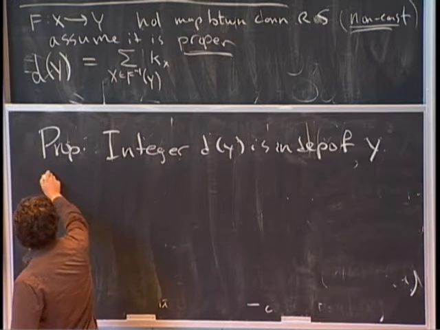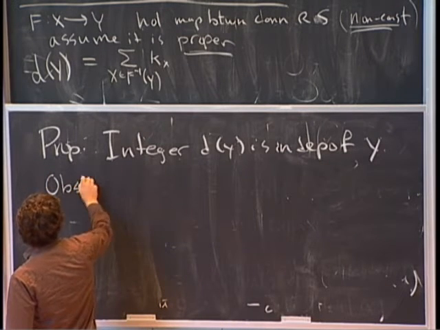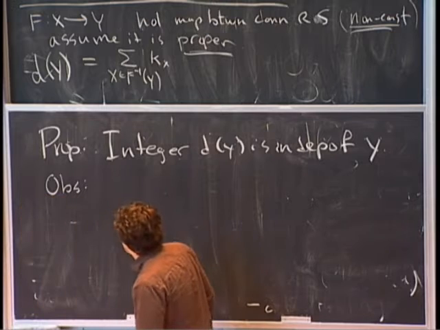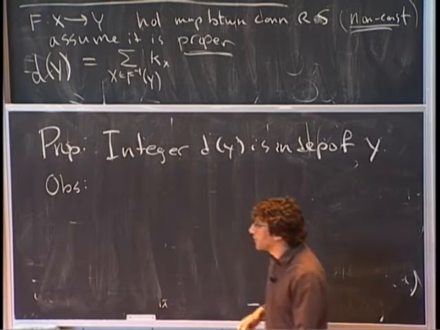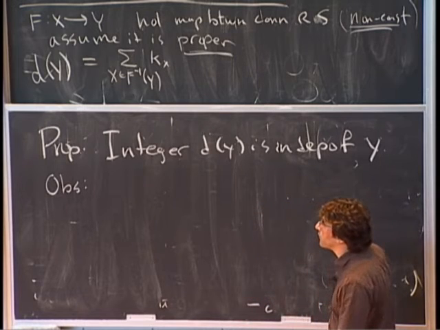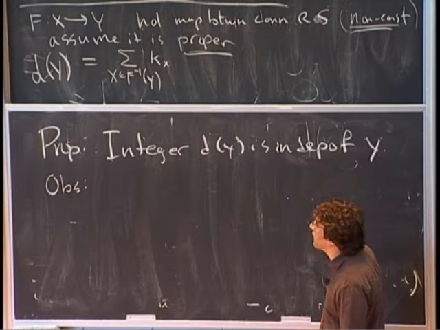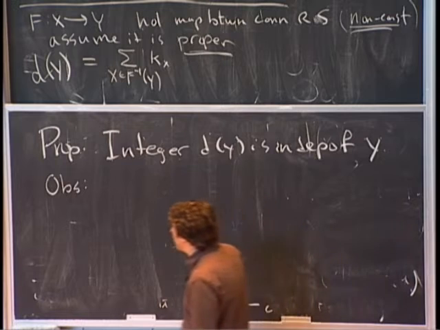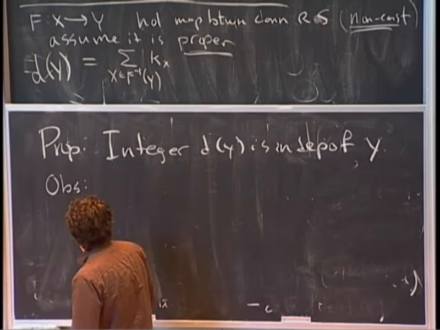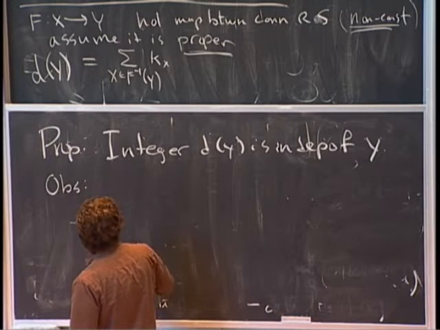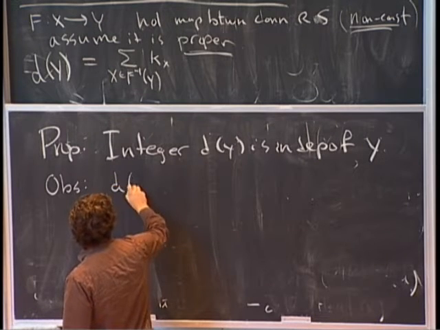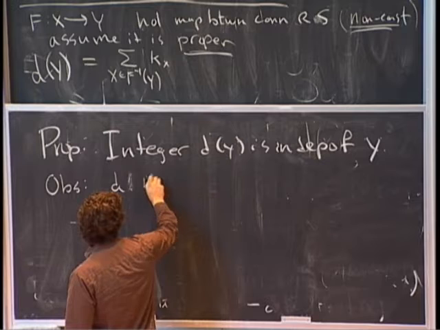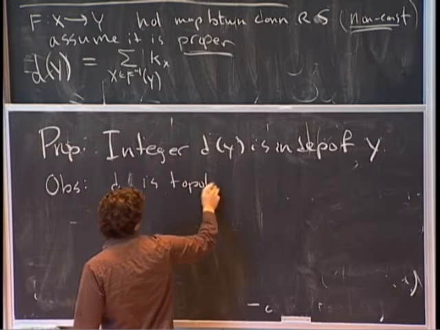Let me make a remark. This invariant seems to be a kind of holomorphic invariant, in the sense that we use the Riemann surface structure to define it, but if you work a little bit harder, you can more or less convince yourself that it is actually a topological invariant. So this d is the topological degree.